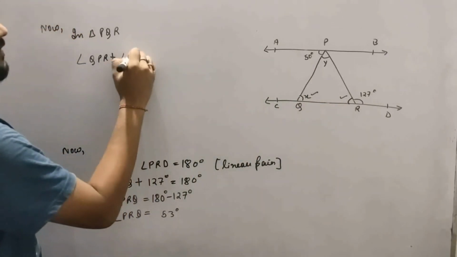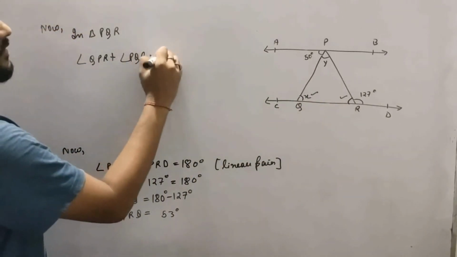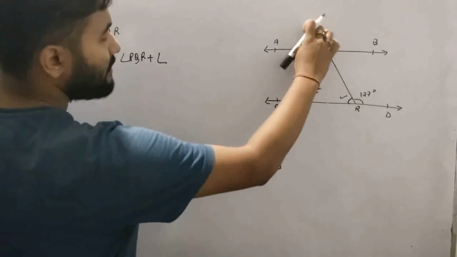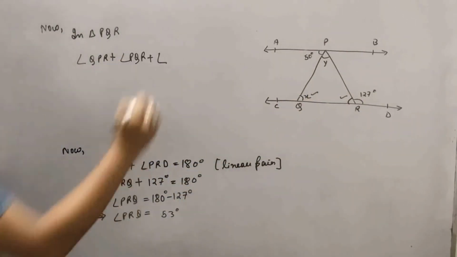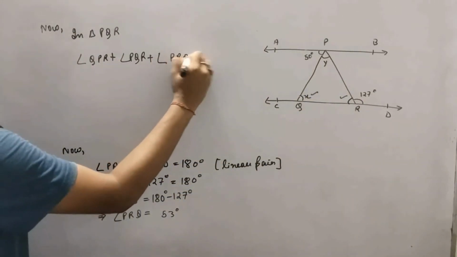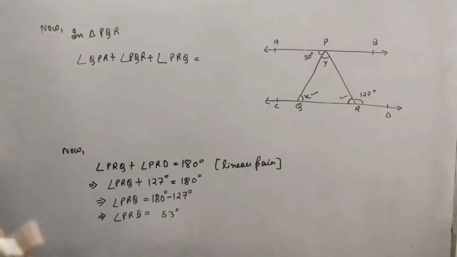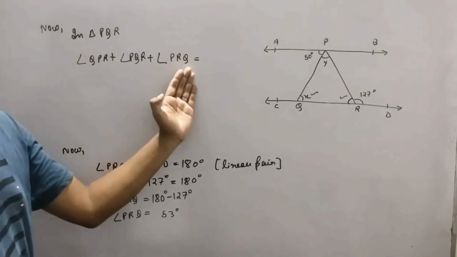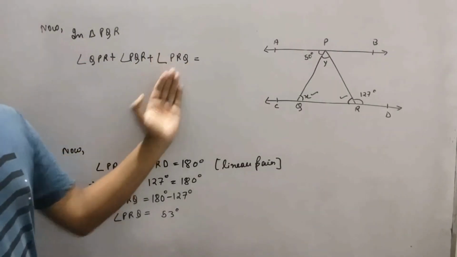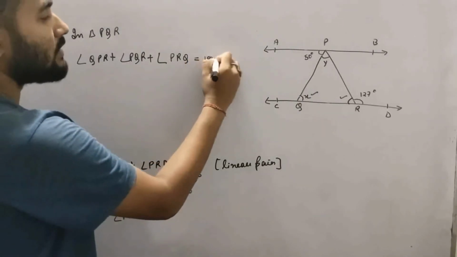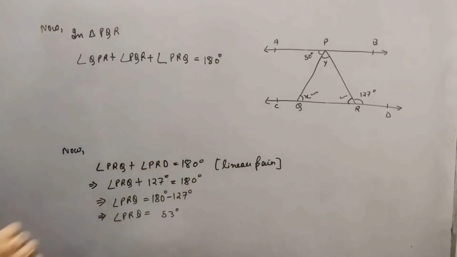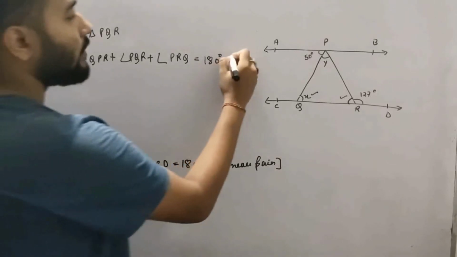PQR. What is the name of this angle? PRQ. So in any triangle, there are always 3 angles, and if you add these 3 angles, your sum will always be 180 degree.